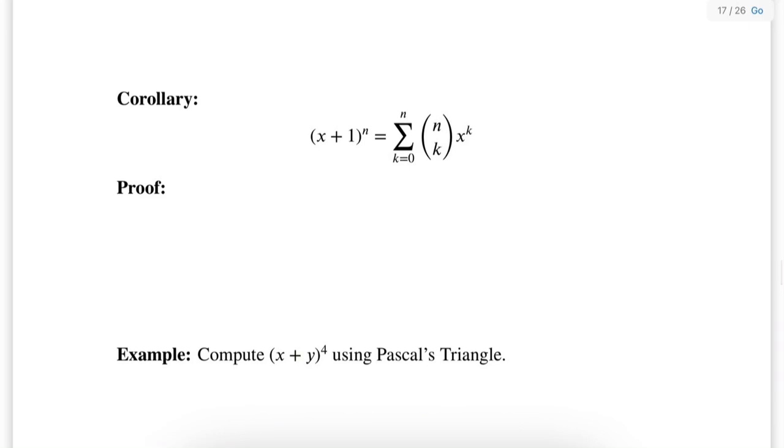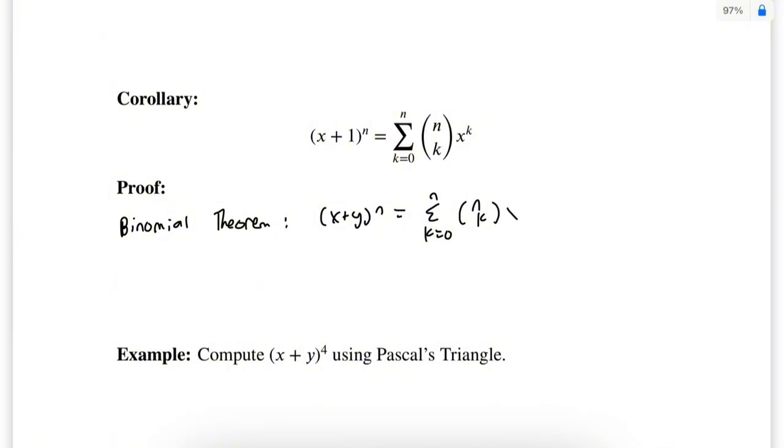A very quick corollary is just plug in y equals 1. So, binomial theorem, right? What is the binomial theorem? x plus y to the n is the sum from k equals 0 to n of n choose k, x to the k, y to the n minus k, right?